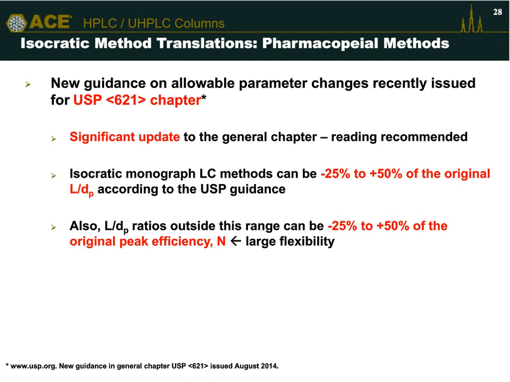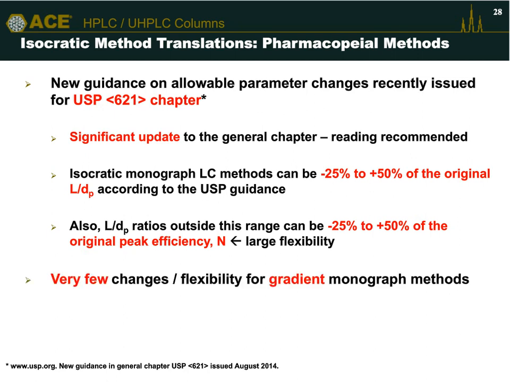So this new rewrite of USP 621 has incorporated a significant degree of flexibility for those analysts looking to convert traditional, older pharmacopoeia-based isocratic methods to newer technologies such as solid core technology, or to shorter column formats with smaller particles.